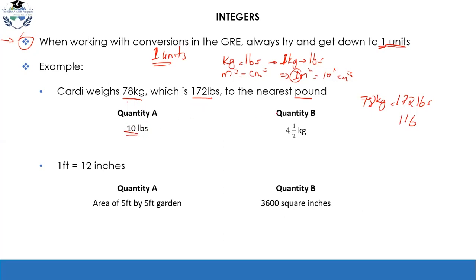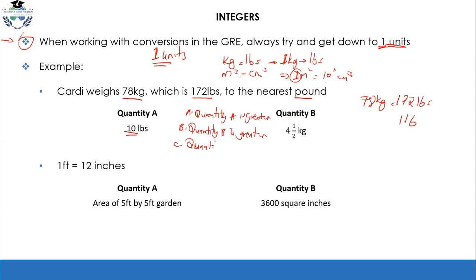So if you're given quantity A and quantity B here, the options will be A, quantity A is greater. Then B, quantity B is greater. C is the two quantities are equal.